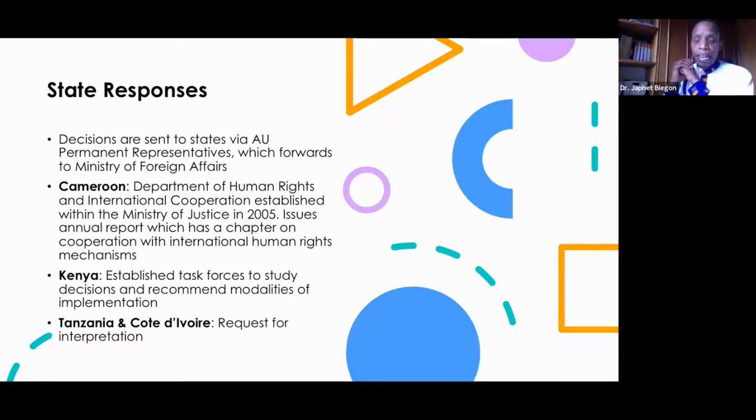Now, on the face of it, this looks like a very good process of receiving and triggering the process of implementation of the decisions. But critics have looked into the membership and into the terms of reference of these task forces, and they have raised serious concerns.